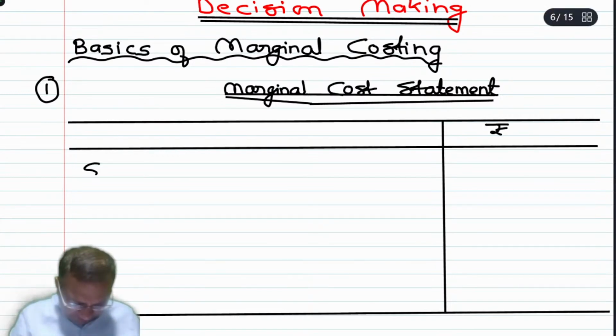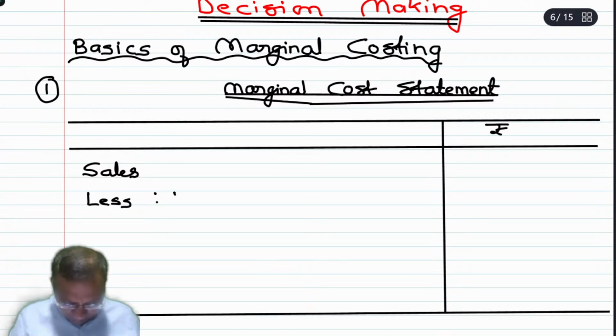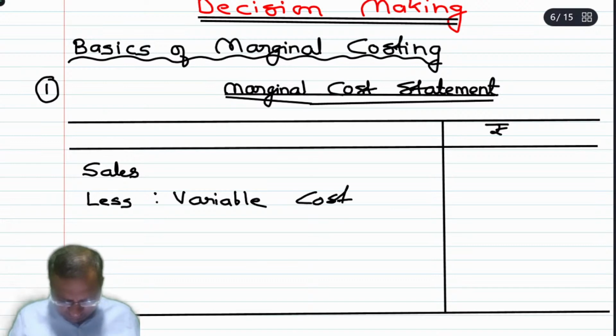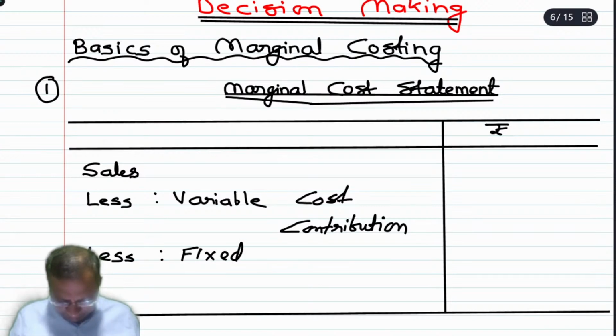So the format is: sales, less variable cost, the remainder is known as contribution, less fixed cost, and the remaining is known as profit.